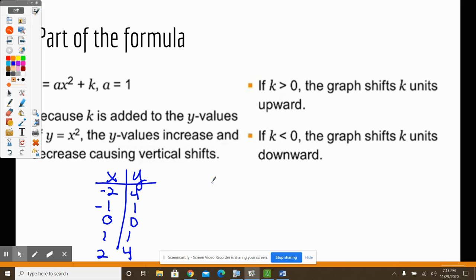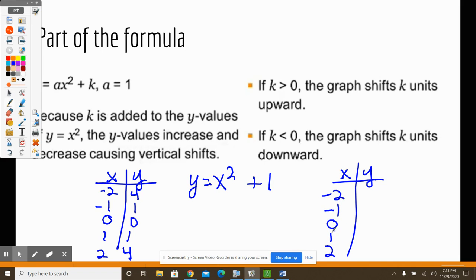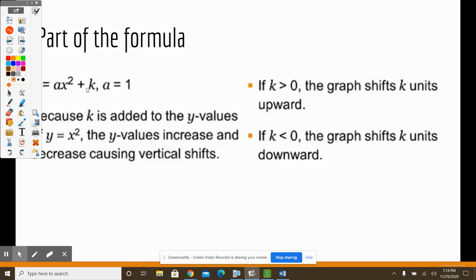If I take y equals x squared and then add 1 to it, when you have your x and y, with negative 2, negative 1, 0, 1, and 2, when I take 0 squared and add 1 to it, I'm actually adding 1 to the y values. So I'm adding 1 to all those y values. And if you add to the y, that is a vertical translation. It is a vertical shift, and it's going up 1 in this case because I'm adding to the y's.